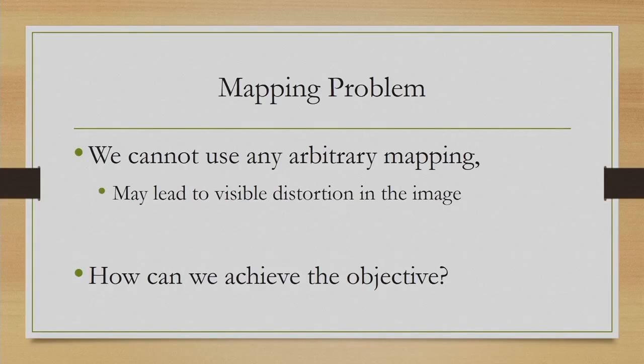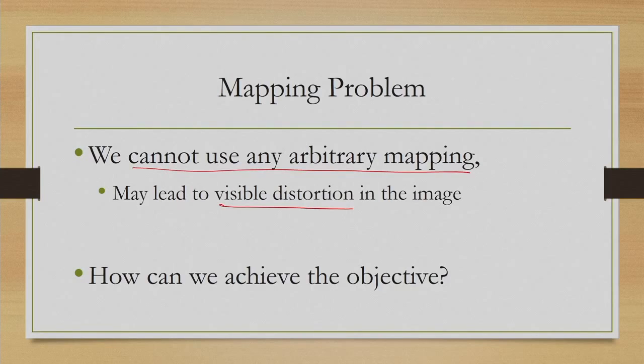This is our mapping problem, where we have to keep in mind that we cannot use any arbitrary mapping, because that may lead to visible distortion. Our perception is a very sensitive and complex thing. If we arbitrarily decide the mapping, then we may perceive images in a different way than ideally what should have been the case. So, distortion avoidance is another objective of our mapping. We need to map in a way such that this distortion is not there.